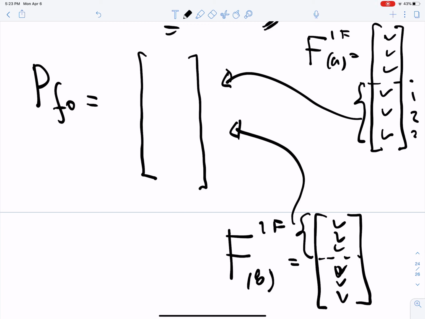And this is 1, 2, 3, and this is 1, 2, 3, 0, 0, 0, 0, 0, 0, okay?